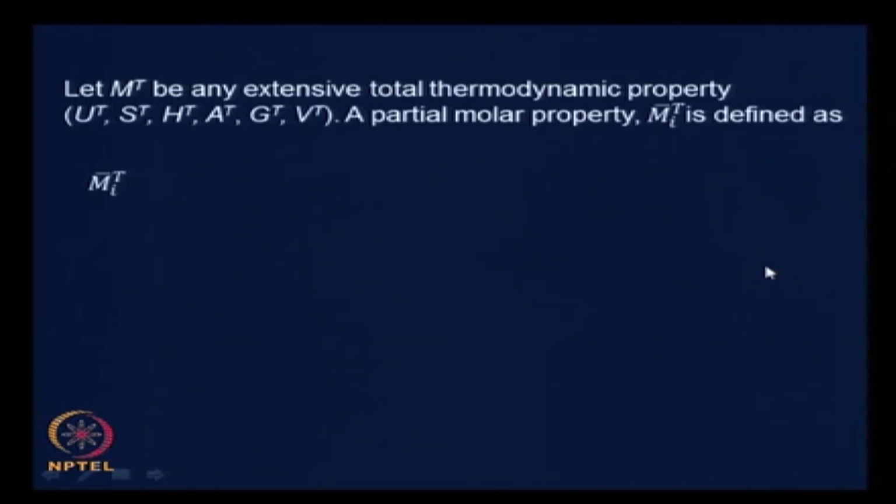It is defined as equal to dou Mt by dou Ni, taken at constant temperature, pressure and all other mole numbers remaining the same. Again, Mi hat, the partial molar property, is defined as dou Mt by dou Ni at constant temperature, pressure and all other mole numbers remaining the same. We will call this equation 4.11. This will become clearer as we go along.